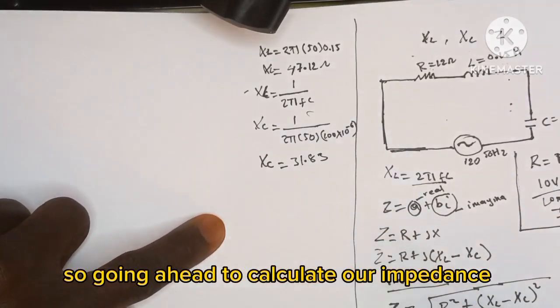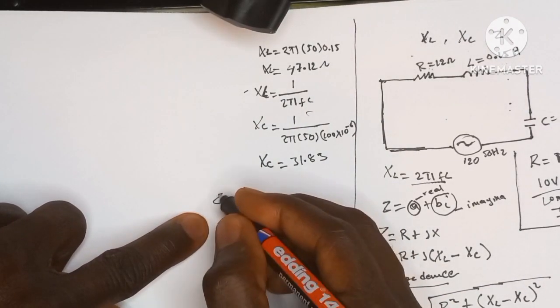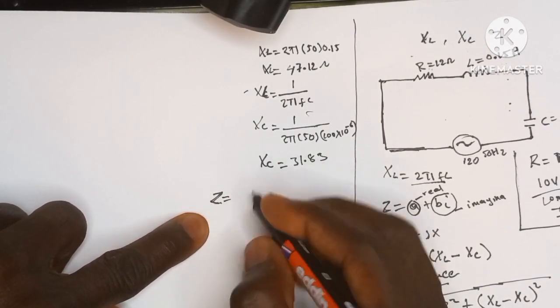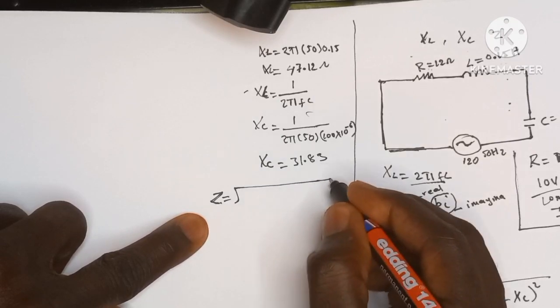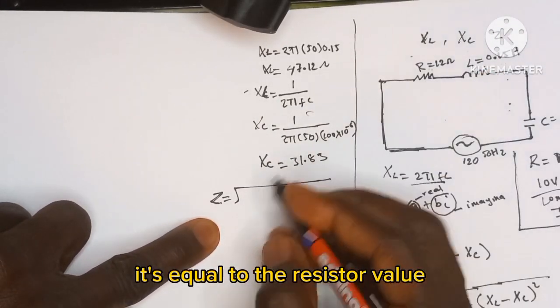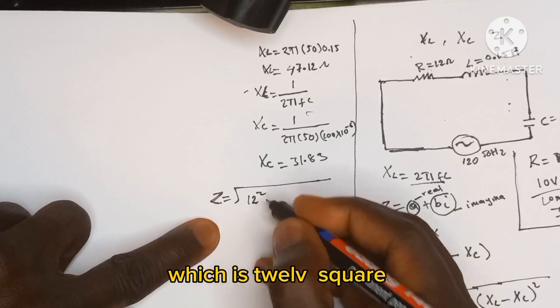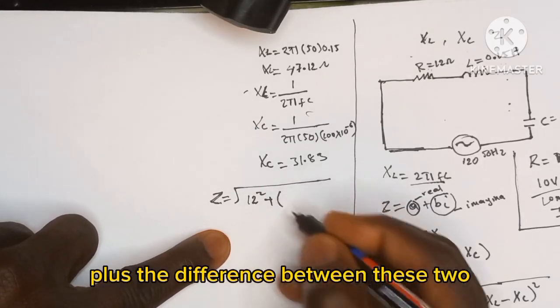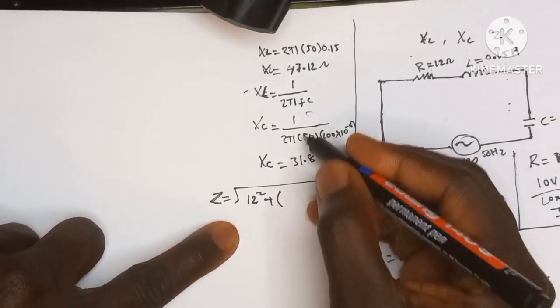So going ahead to calculate our impedance, we're going to have Z is equal to the resistor value, which is 12, square that, plus the difference between these two.